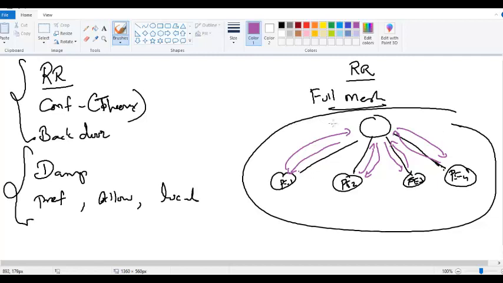And this hub router will be made a route reflector server. Because it's a route reflector server, these are all clients.